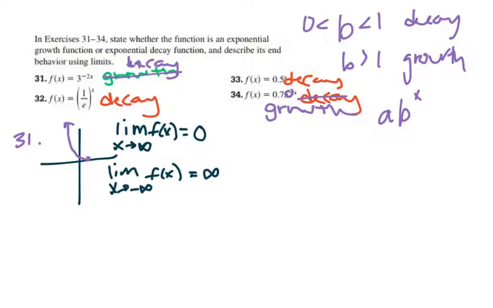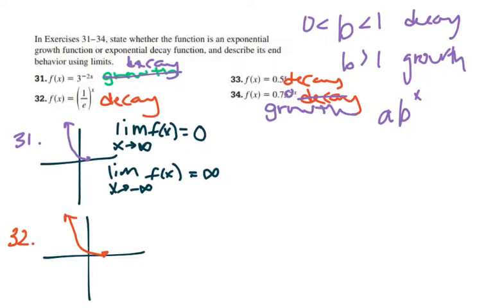Alright, then we have number 32. And in number 32 we have 1 over e to the x. Alright, and so our graph looks like this again.